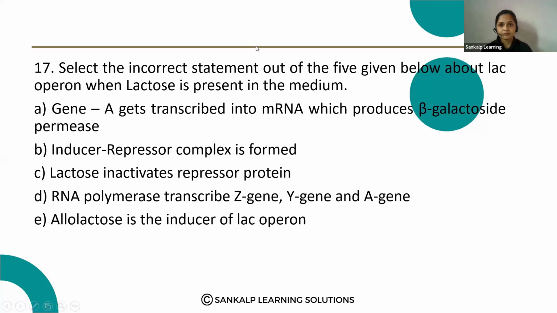Next question. Select the incorrect statement out of the 5 given below about lac operon when the lactose is present in the medium. When the lactose is present in the medium, gene A, that is lac A, gets transcribed into mRNA, which produces the beta galactosidase and permease.